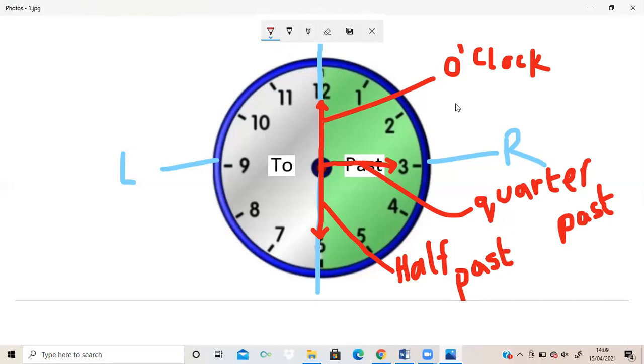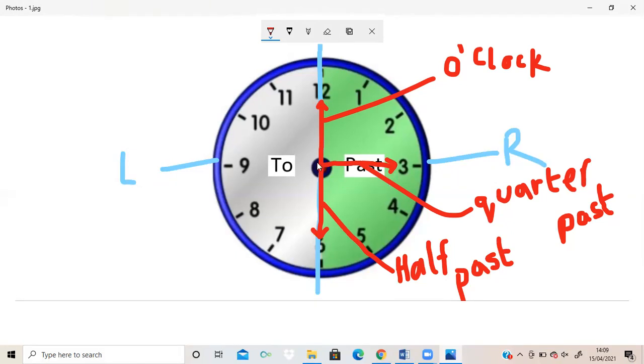So here is o'clock. If the minute hand is pointing at 3, it is quarter past, and if the minute hand is pointing at 6, it is half past. Now today we're going to talk about quarter to.